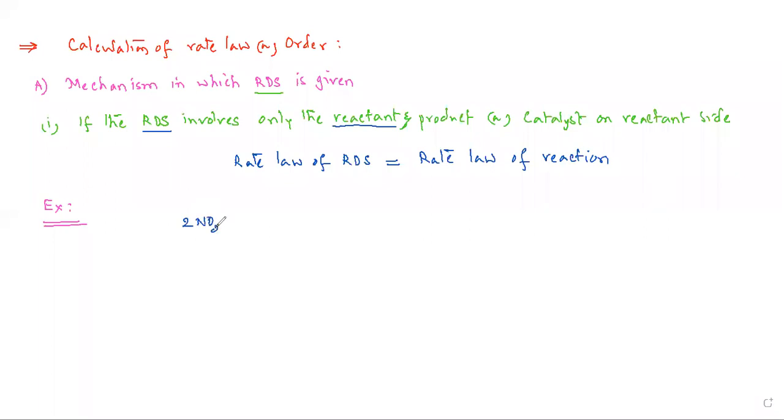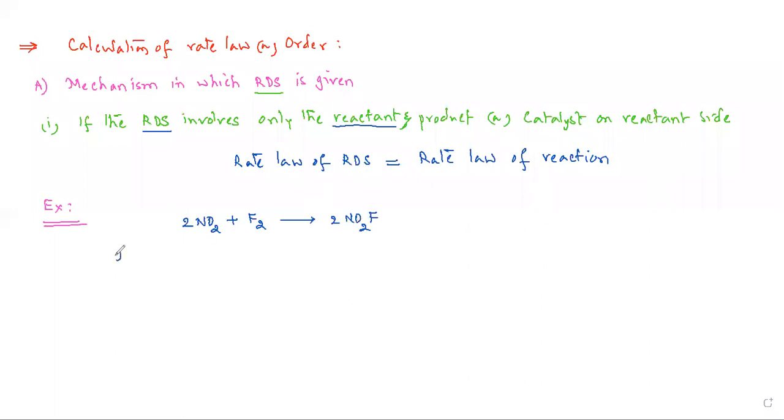Let us take this one, 2NO2 plus F2 gives rise to 2NO2F. For this, we are going to calculate the rate law, and from that the order of the reaction.